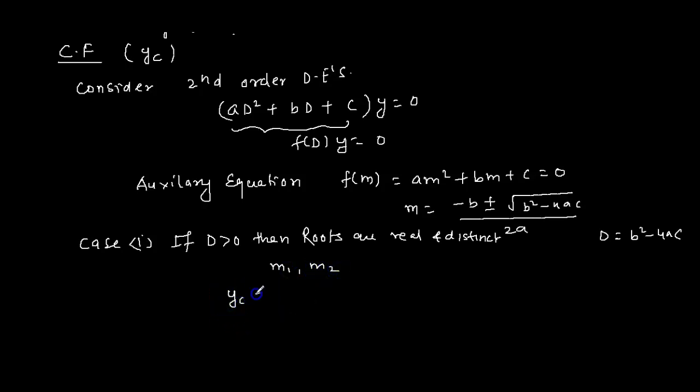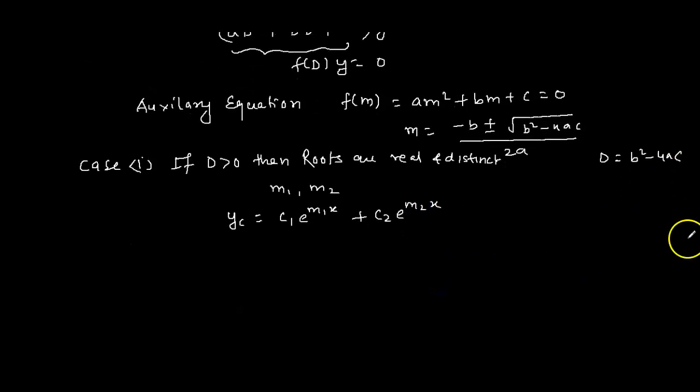So yc we can write as c1 e to the power of m1x plus c2 e to the power of m2x. For example, consider you got the roots 2 and 3. The roots 2 and 3 both are real and distinct.